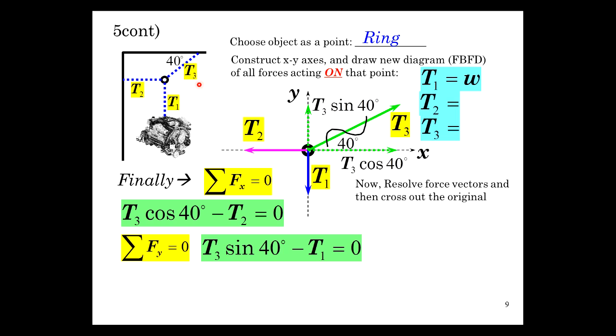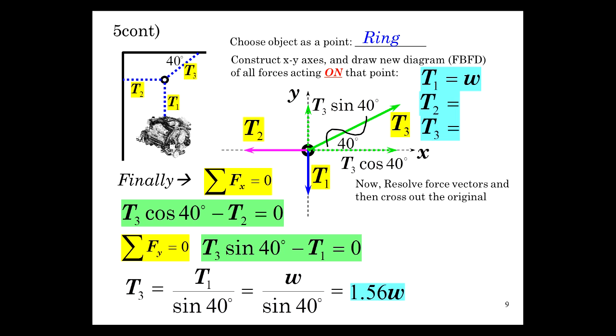So T3 sine of 40, that much right there, minus T1 is equal to 0 as well. So let's solve for T3, which is then T1 over sine of 40. And since T1 is the weight, it's weight over sine of 40, which is 1.56 W. There's our answer, 1.56 times the weight.